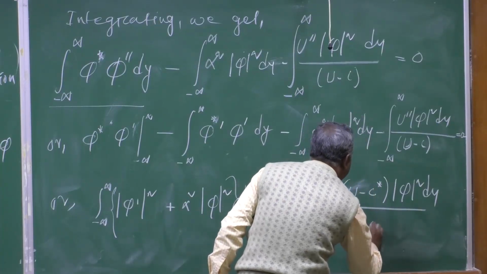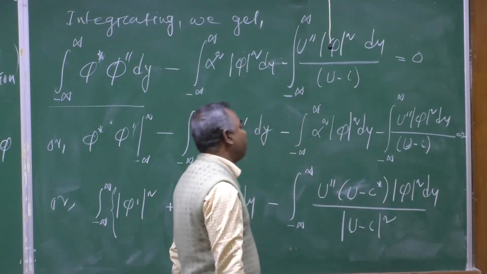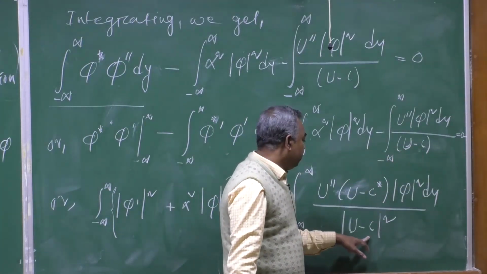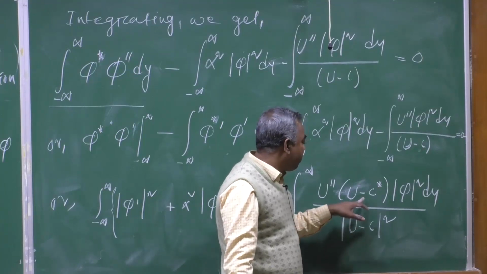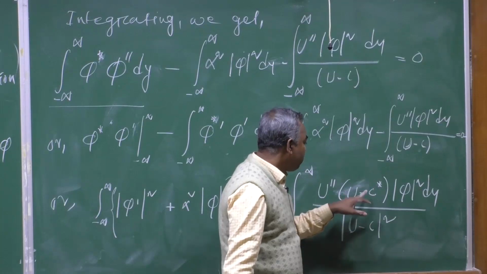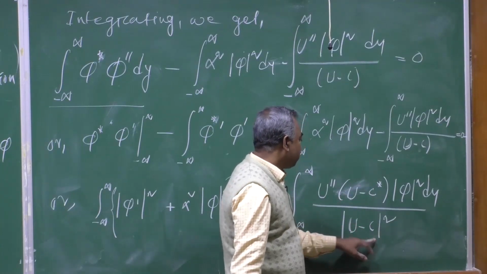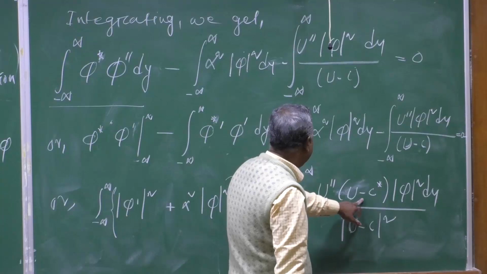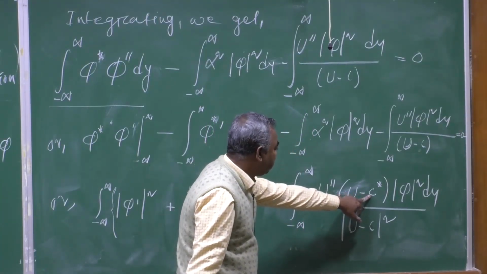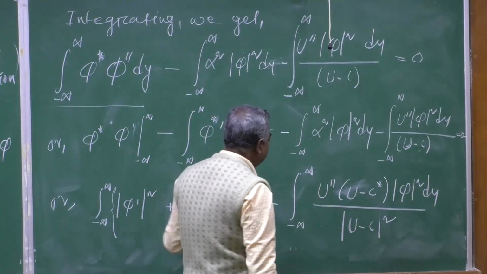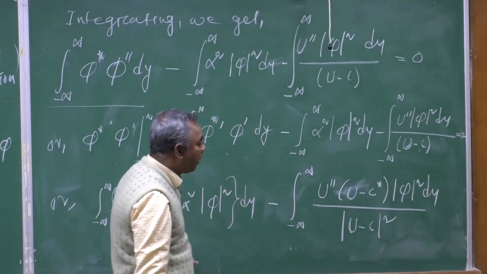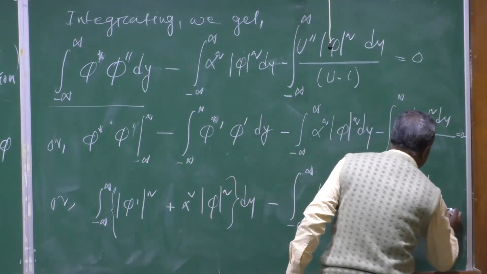This can be written as u minus c whole square, because c is complex here. So if we multiply both sides by u minus c star, this will become a positive quantity. There will be two parts of this integral, one real part and another complex part.